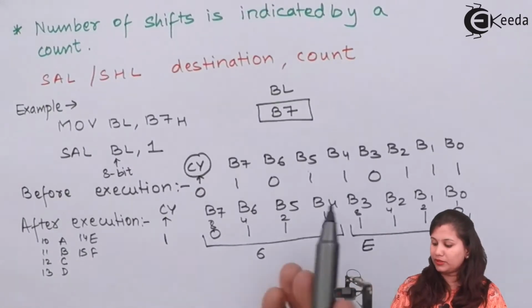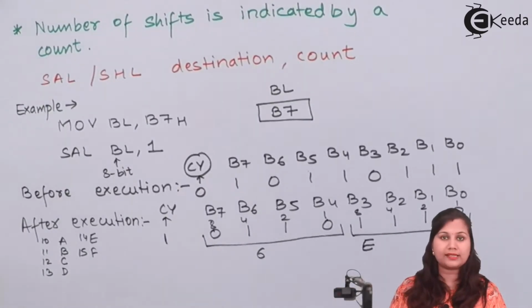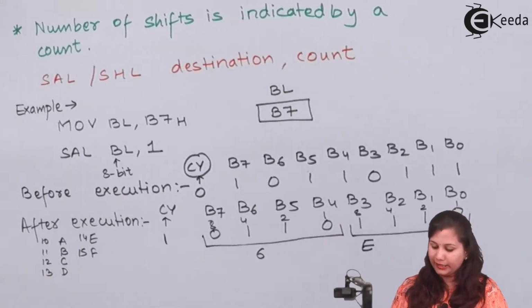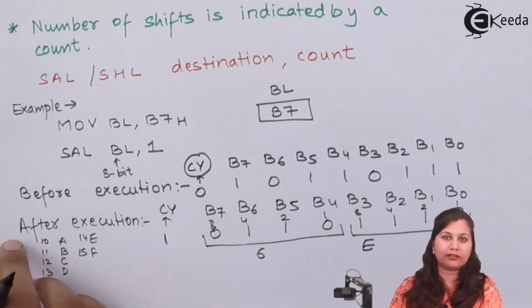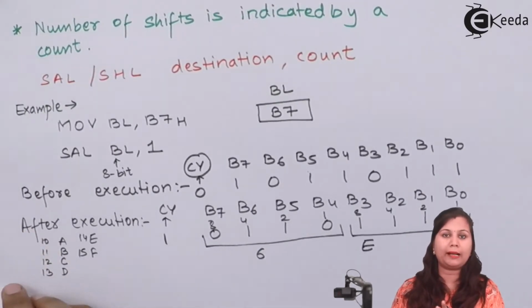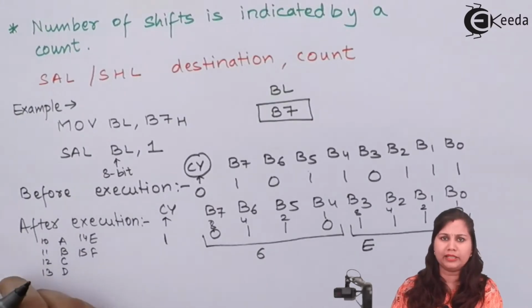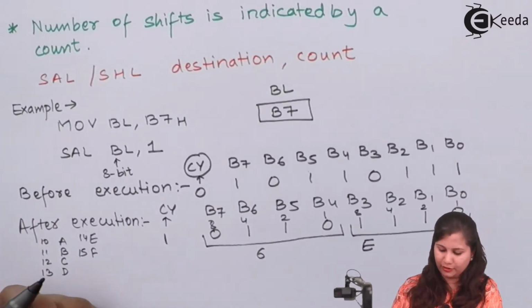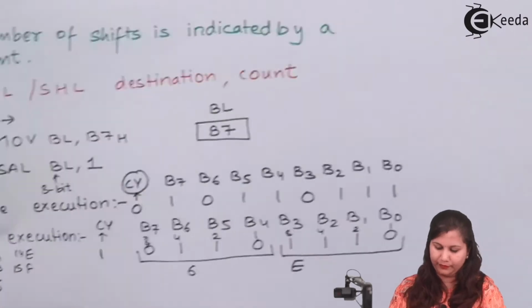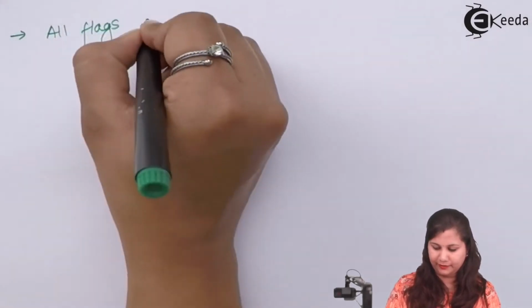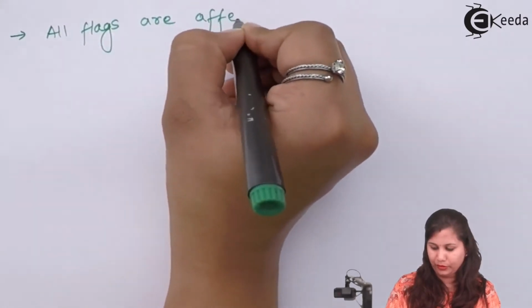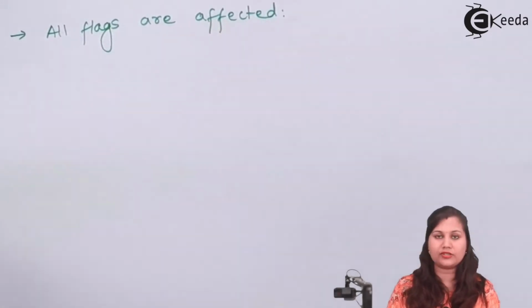Also, if the instruction makes the contents of the register 0, then you can see that these instructions are affecting all the flags, sign flag, zero flag, parity flag, all the flags will be affected due to these instructions. So we can say that all flags are affected. So these were the two shift instructions, SHL and SAL.